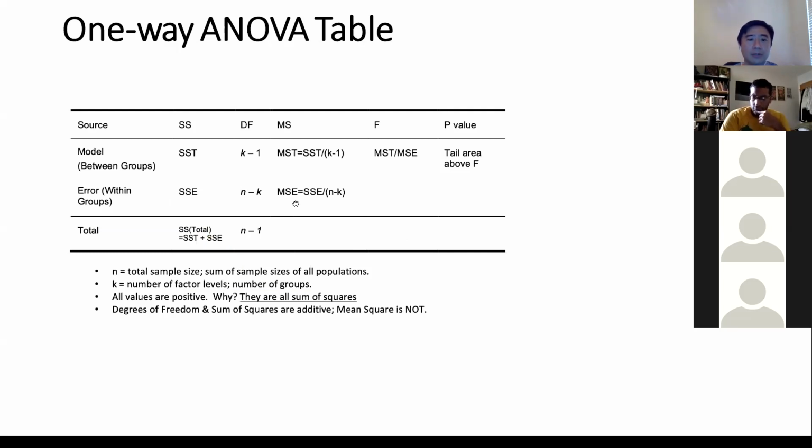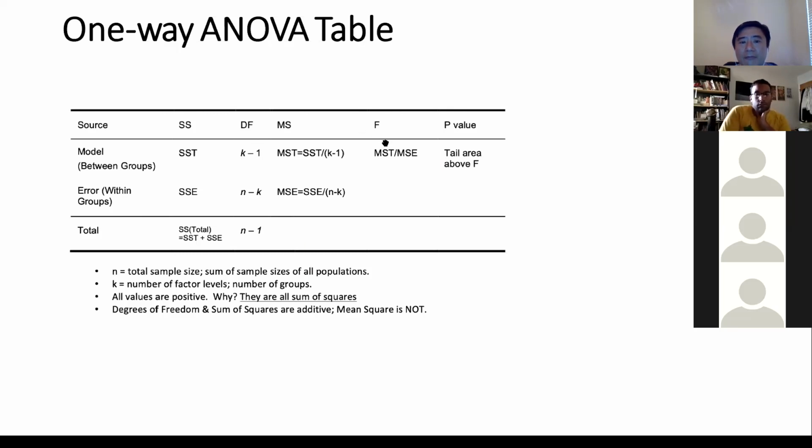So your mean square error is equal to the sum of squares for the error divided by the degree of freedom N minus K. The ratio between the mean square for the model, MST, and the mean square for the error, MSE, is the F value. And remember, the F distribution has 2 degrees of freedom: the numerator degree of freedom is K minus 1, and the error degree of freedom is N minus K.